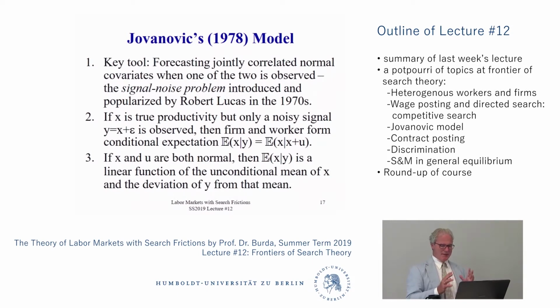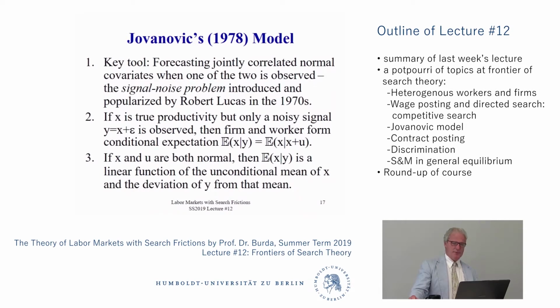So the idea is you have a signal and you have a noise, and workers and firms are observing a sum of these two. They can only observe the sum, and they have to take a decision based on this information. This is a general class of problems called signal-noise problems, and everybody has probably seen them in some respect.